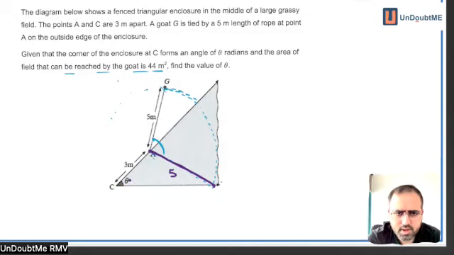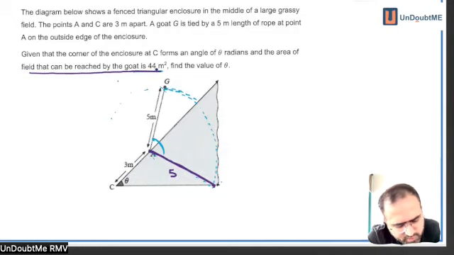Now they have given us the area. The area that can be reached by the goat is 44 meters square. This is an interesting information because from here only we will try to get something. So if I have the area, can I get this angle? Let this angle be alpha.